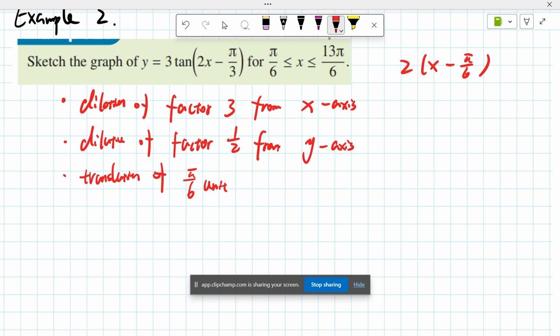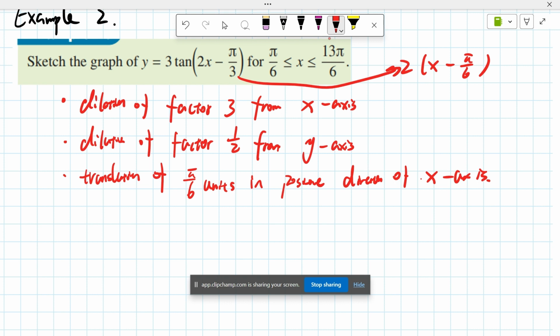Okay, just bear with me. So that's pi on 6 units in the positive direction of the x-axis. Yep, and that's it. Once we know this, we're going to find the period.